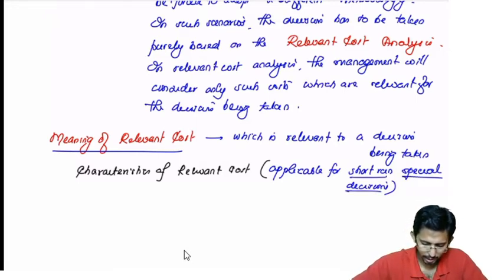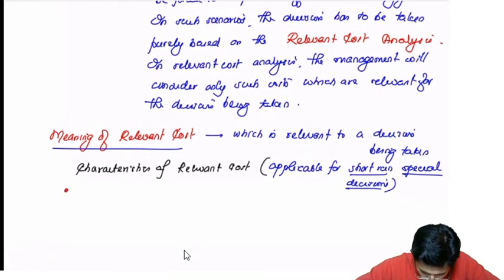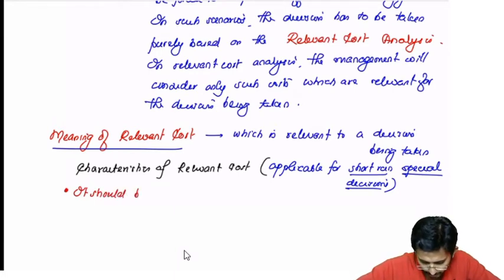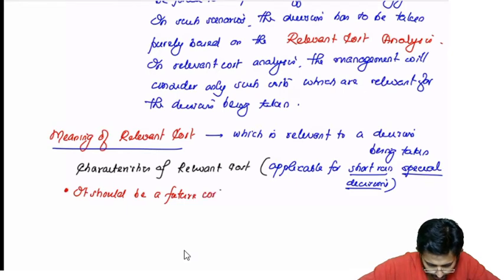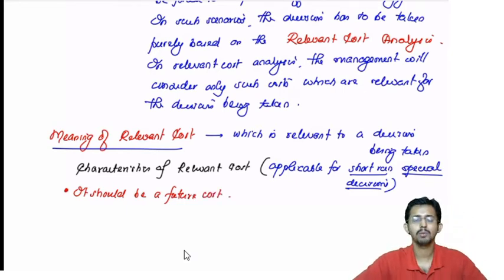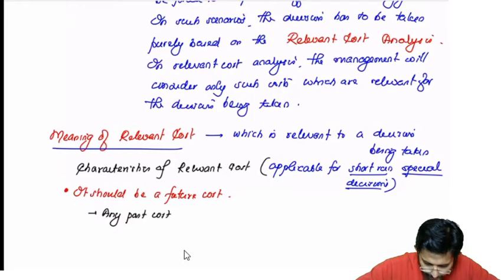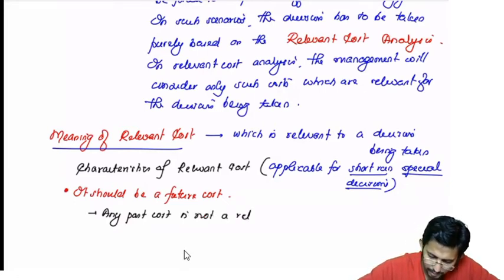Now what are the characteristics of a relevant cost? One, it should be a future cost. So as a corollary of this principle, what can you write? Any past cost is not a relevant cost.